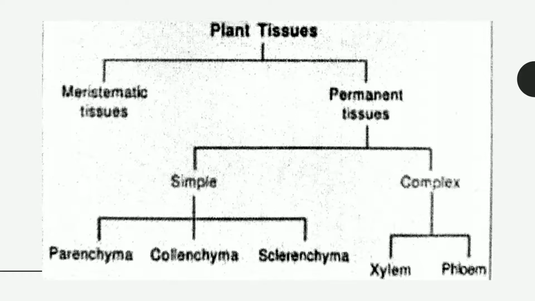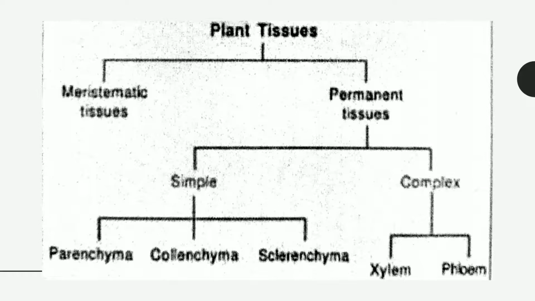These permanent tissues don't have the ability to divide, that is, they have lost the power of division. They have a definite form and size as they have to perform specific functions. The permanent tissue may be living or dead, and these permanent tissues are derived from the meristematic tissues.